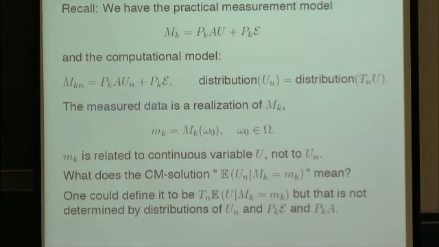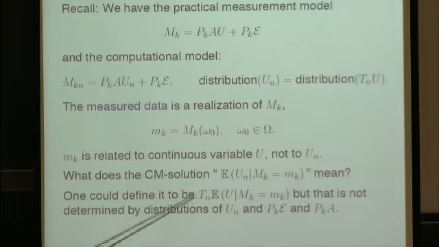So we need to answer the question: what does the conditional expectation mean for this discretized variable in the computational model, assuming that the measurement comes from the practical measurement model? The problem is now that this object is in this computational model, and this object is in this different model. So what is the difficulty here?